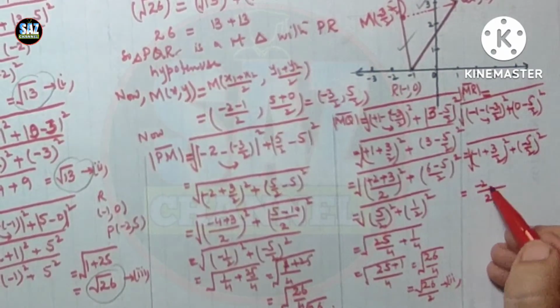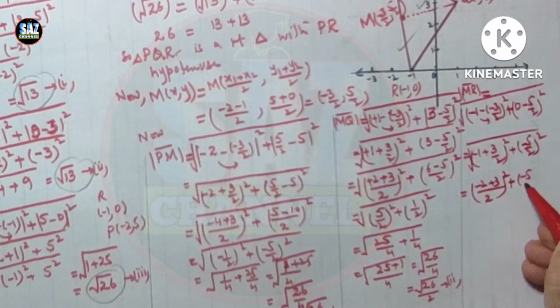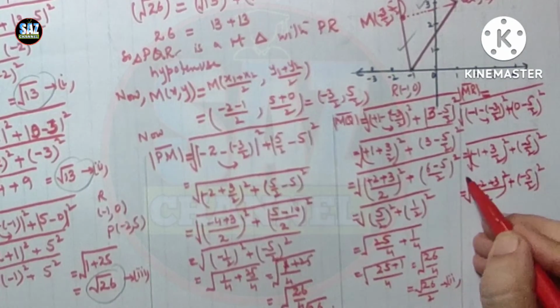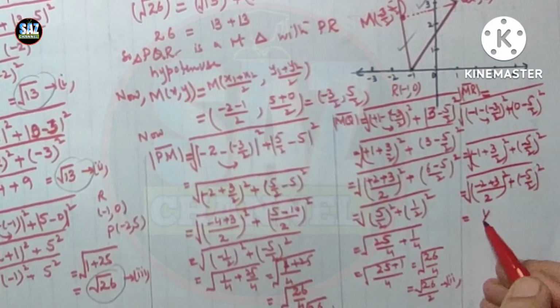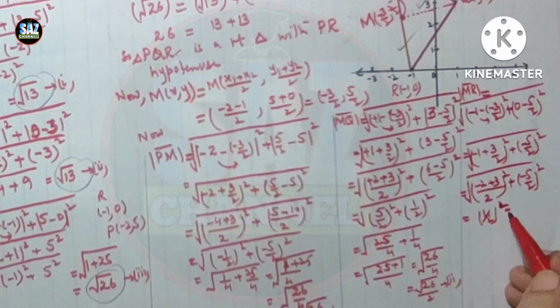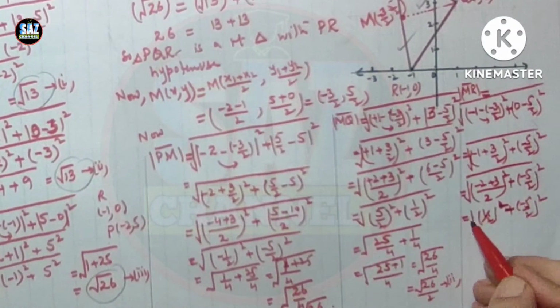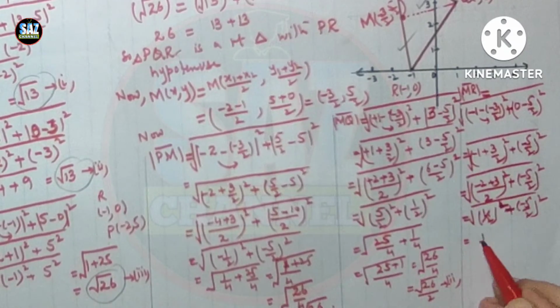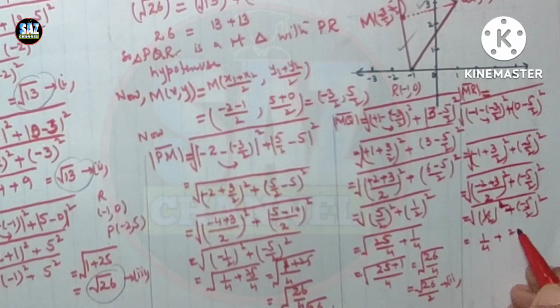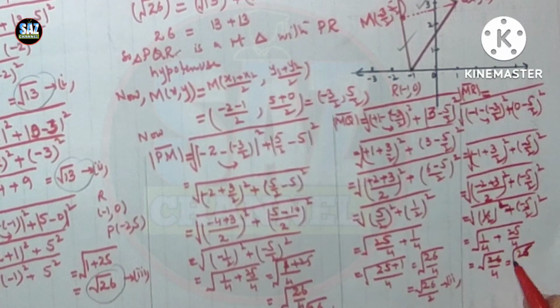Minus 2 plus 3 whole square by 2, and minus 5 by 2 square. This will give me 1 by 2 whole square, that is 1. Okay, and this is minus 5 by 2 whole square, and under the root 1 by 4. Every time we are getting the same calculations. 25 by 4. 1 plus 25 is 26 by 4, or 26 by 2.